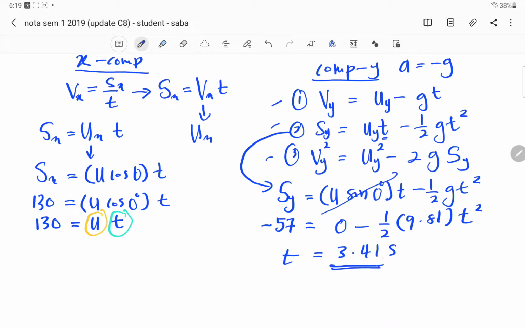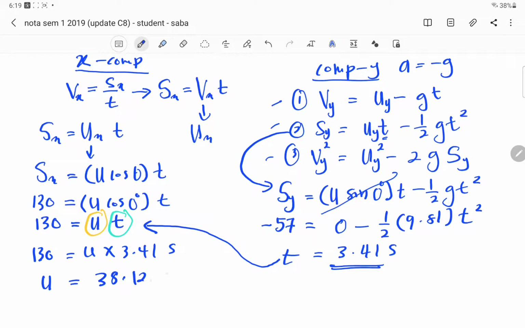So bila dapat time, kita pergi balik kepada equation yang kita bina daripada konsep part X ni, iaitu komponen X. 130 is equals to U times 3.41 second. So kita boleh dapat initial velocity is equals to 38.12 meter per second. Okay, thank you.